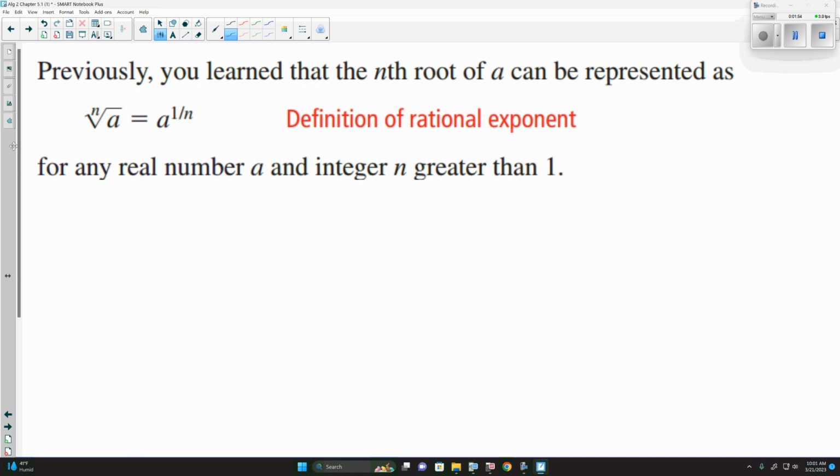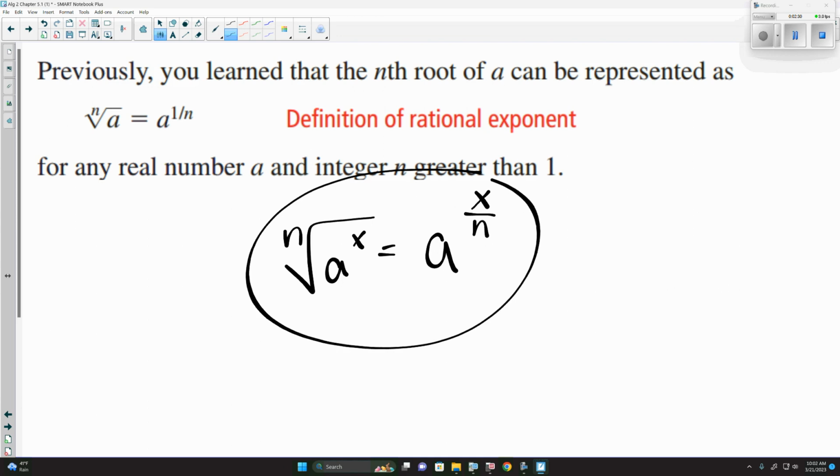Now, in a general sense, what we can say is the nth root of a to the x is equal to a to the x over n, for any real number a and integer n greater than 1. This is true.